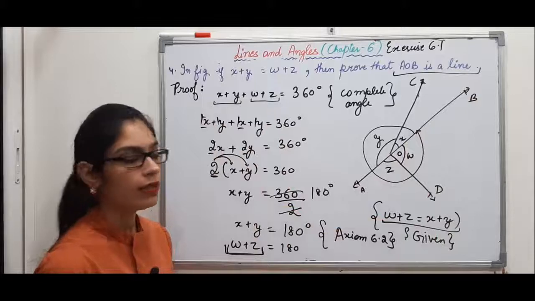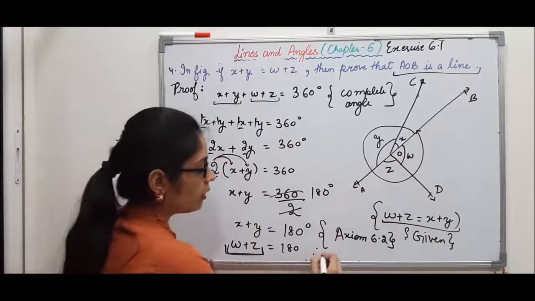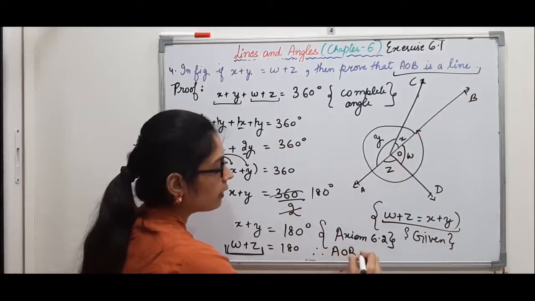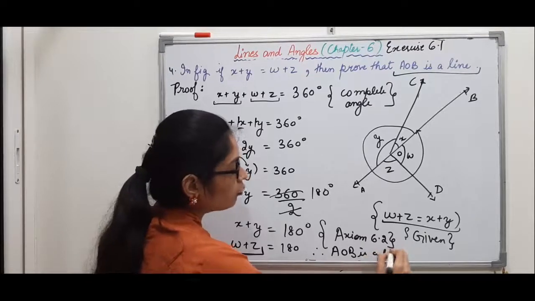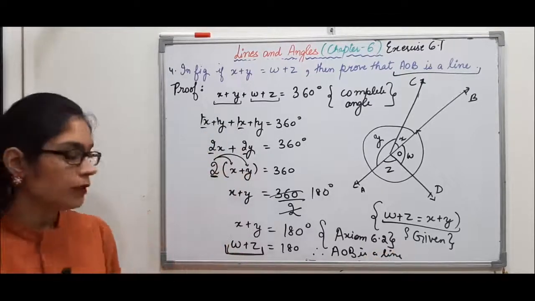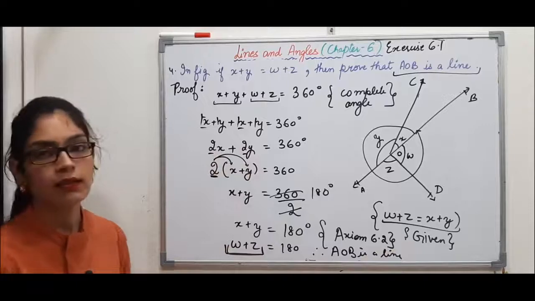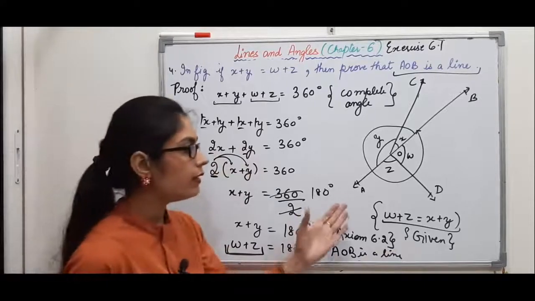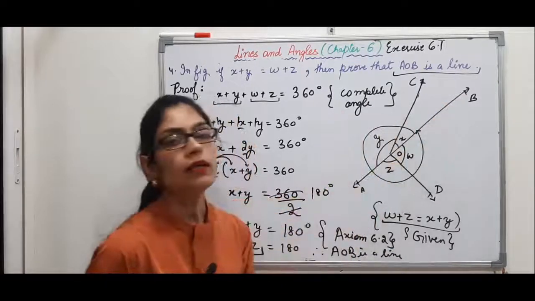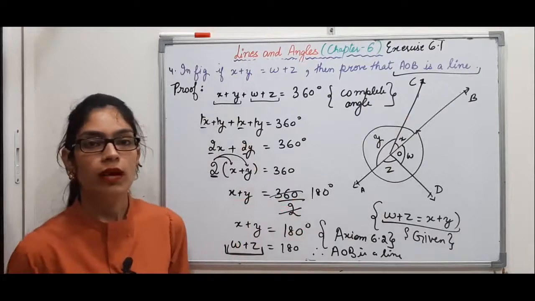Then AOB is a line. So you can mention, therefore AOB is a line. And the full axiom statement you have to mention: that if the sum of the adjacent angles is equal to 180 degrees, then this is a line. So this thing only you have to mention.